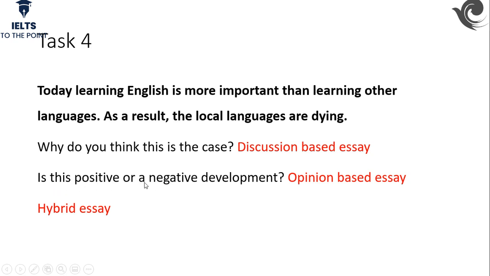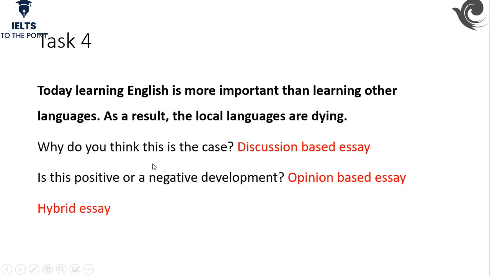And the second instruction is, is this a positive or a negative development? Now over here, as we have just seen, this seems like an opinion based essay. In a way, this can be treated as a hybrid essay. Now Chaya, if you want to treat this as a discussion based essay, you can do that as well.